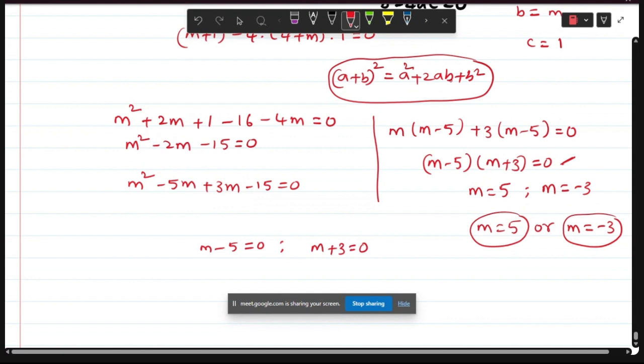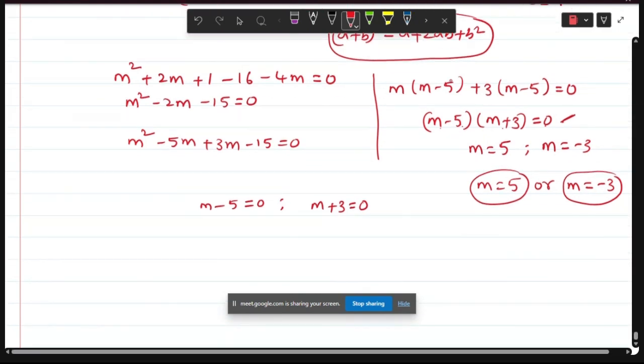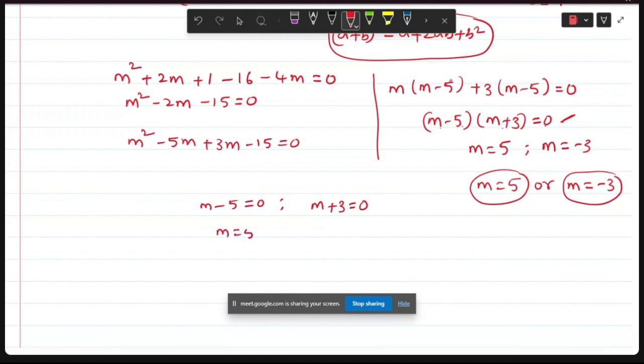Because this product is equal to 0, which means m minus 5 is equal to 0 in one situation, and m plus 3 is equal to 0 in the other. Two cases are happening. In the first, if minus 5 is there, it goes outside and m is equal to plus 5. In the second, if plus 3 is there, it goes outside and becomes minus 3. Clear?